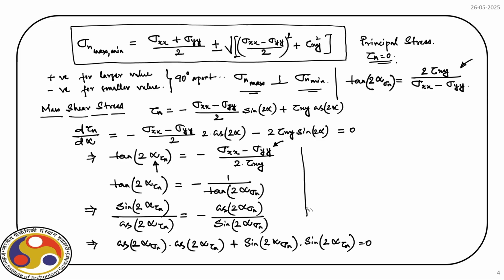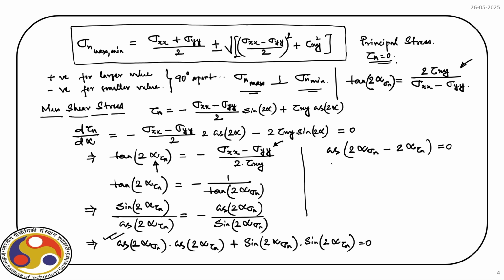So, if I combine this expression, what we get? We get cosine twice alpha sigma n minus twice alpha tau n is equal to 0. You can recall cos a minus b. So, if you expand this, you will get the term we have here, right.